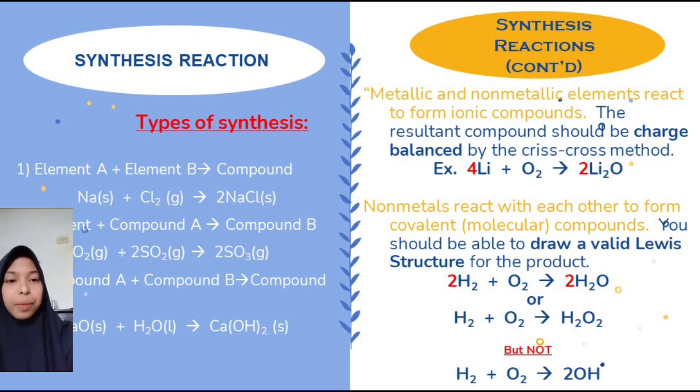You should be able to draw a valid Lewis structure for the product. Example is 2H2 plus O2 yields 2H2O, or H2 plus O2 yields H2O2, but not H2 plus O2 yields 2OH.